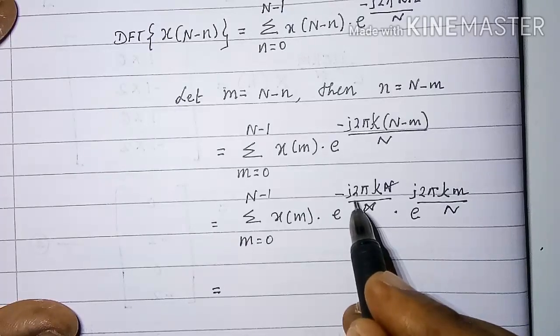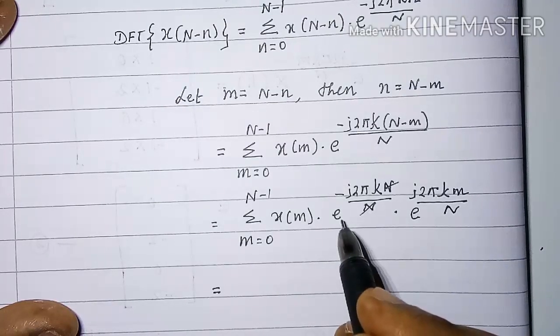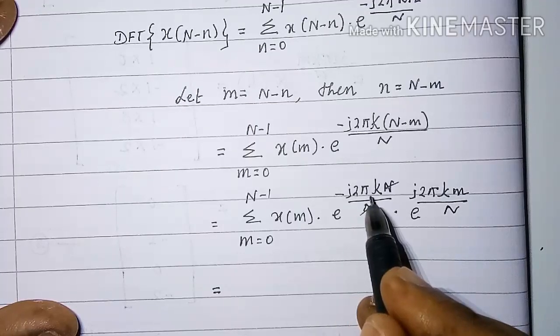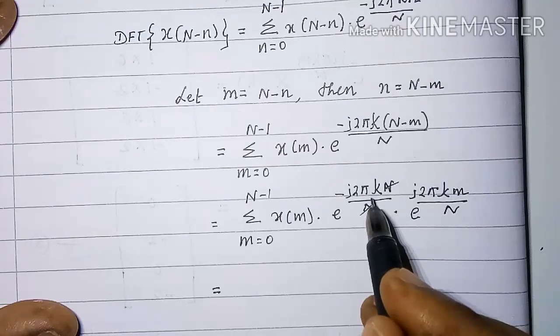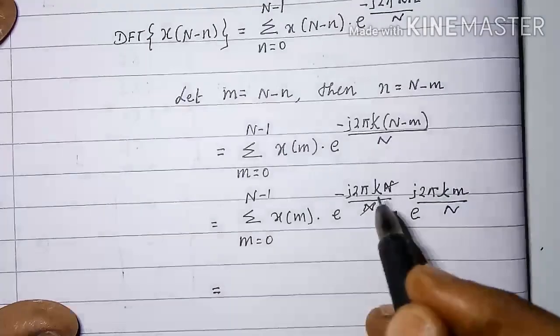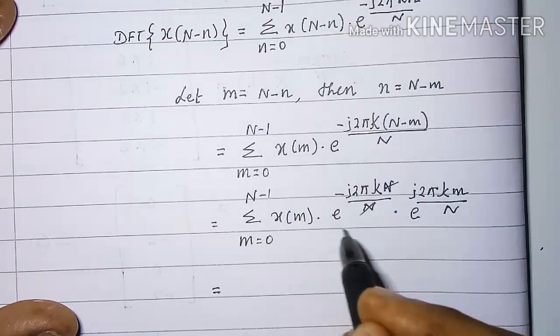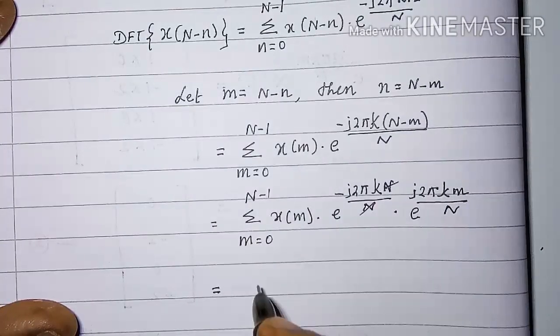Since an integer multiple of 2 pi is 360 degrees, the value of e raised to minus j 2 pi k will always be equal to 1. Therefore, I can replace this k by m now, because m is also some integer. For any integer, this first exponent will always be equal to 1.